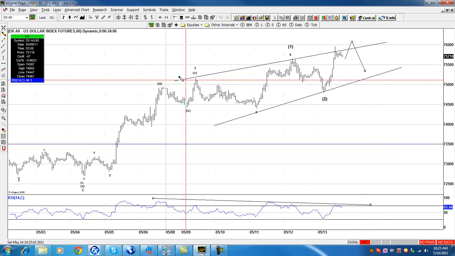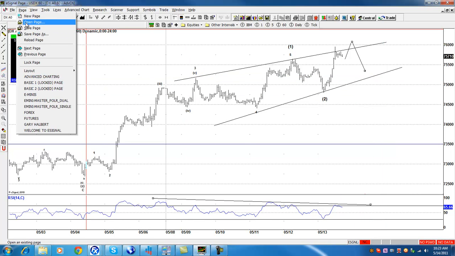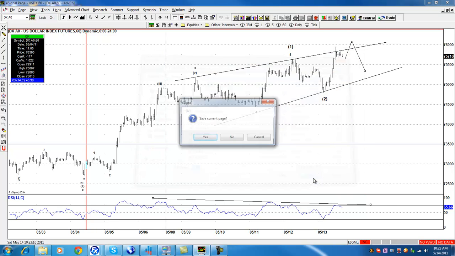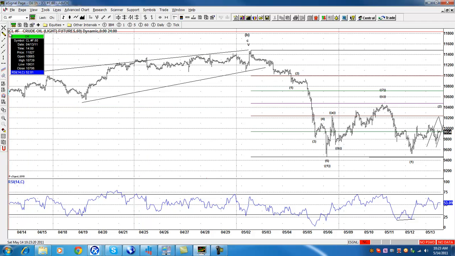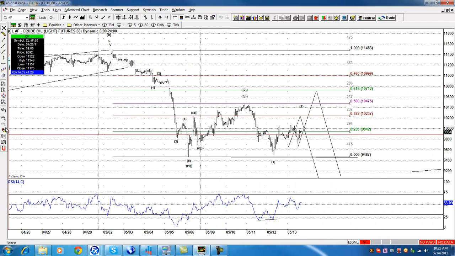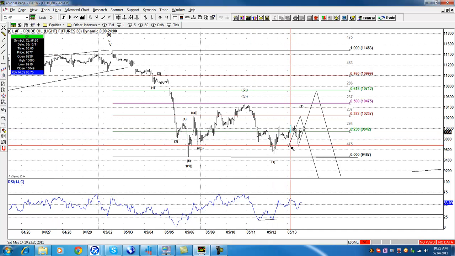Now let's move on to oil to see if we can get any indication of when this market is going to go starting next week. If we check on oil, this is the count that we're following.